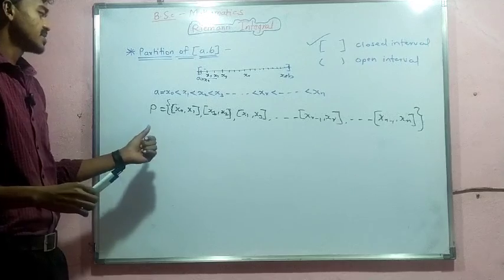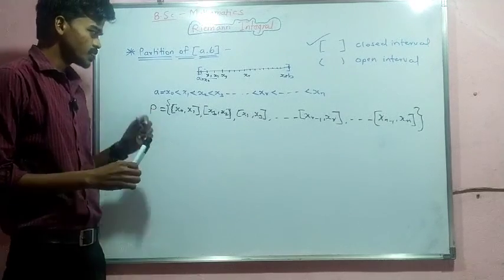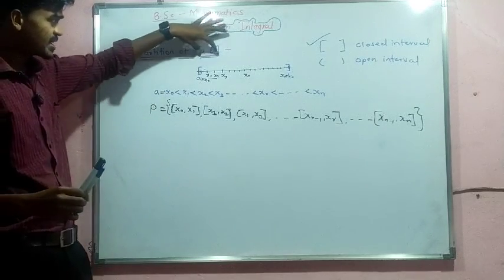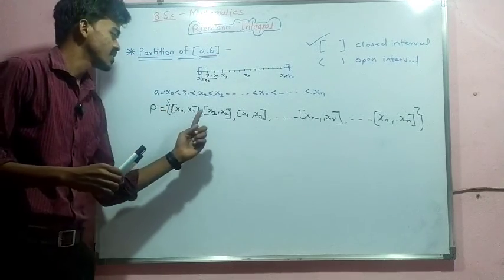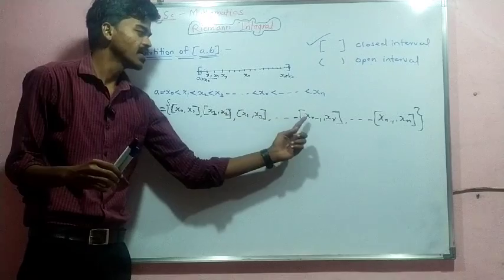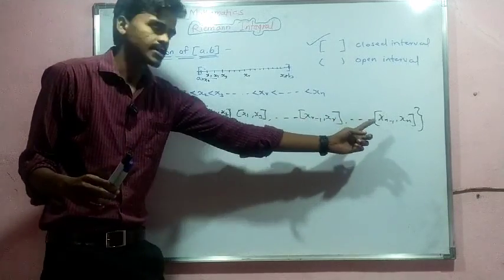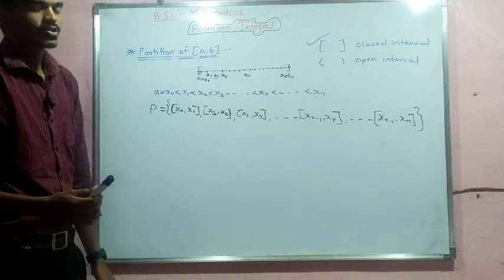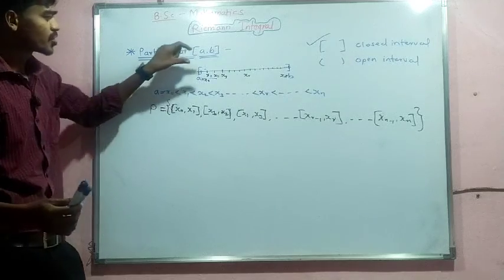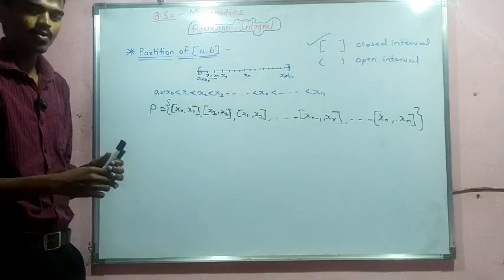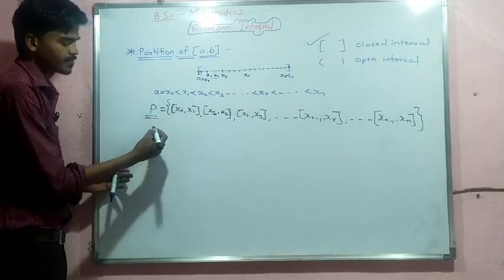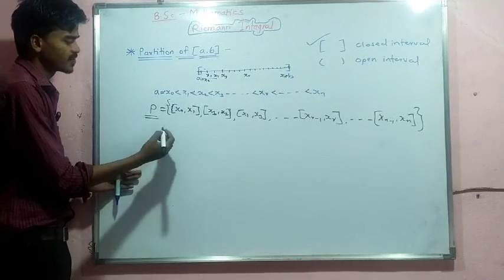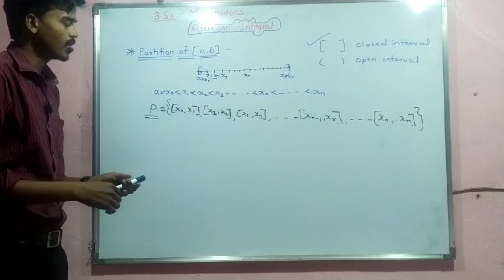So partition means we split the whole interval into subintervals like x naught x1, x1 x2, x2 x3, xr minus 1 xr, xn minus 1 xn. This type of representation of a closed interval is called a partition of the interval, and it is denoted by P.